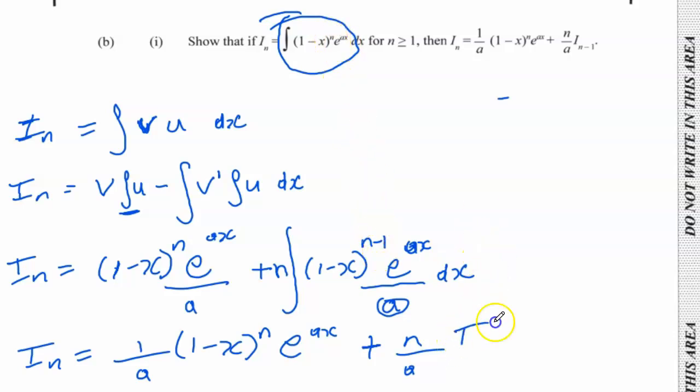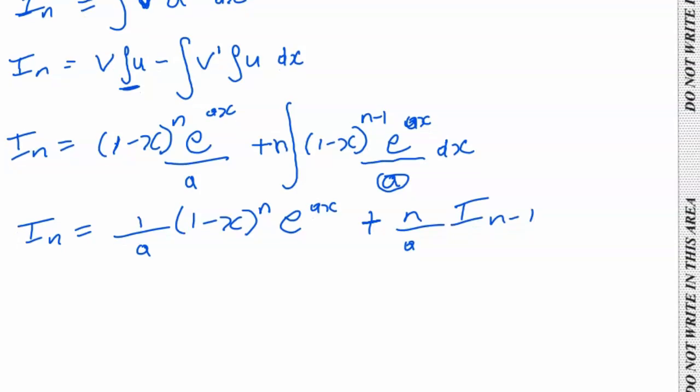So this is really I n minus 1. Good? Alright, so n over a, I n minus 1. Continuing.